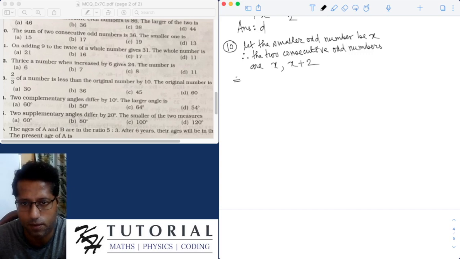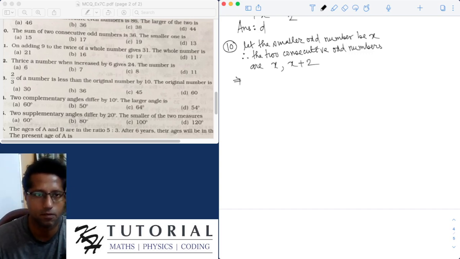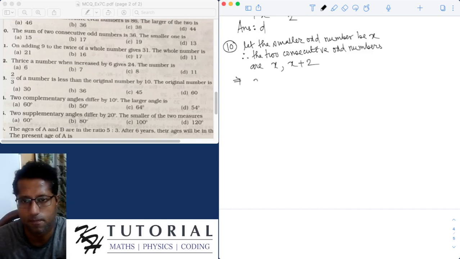Therefore, as per the problem statement, the sum of the two consecutive odd numbers is 36. So we can say that x plus x plus 2 is 36.